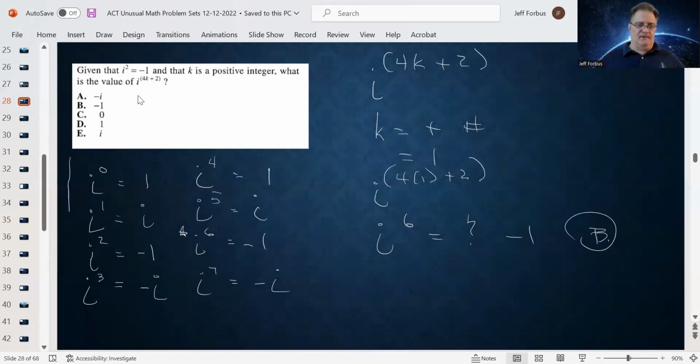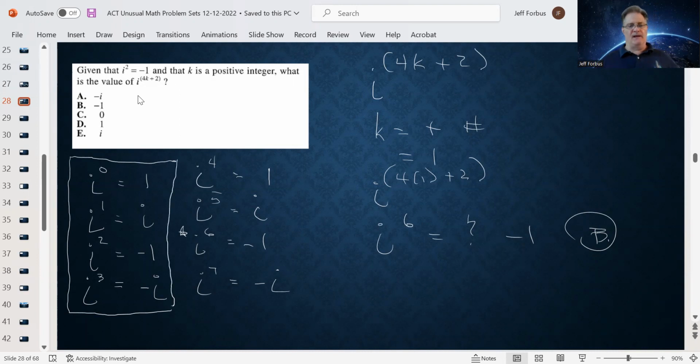Okay, these first 4 that I'm boxing off for you, you must memorize. If you know the first 4, you can project the next 4 and the next 4 and the next 4. Memorize them, because I'm telling you, they're going to ask you this question again. This is almost a guaranteed question that you're going to see.